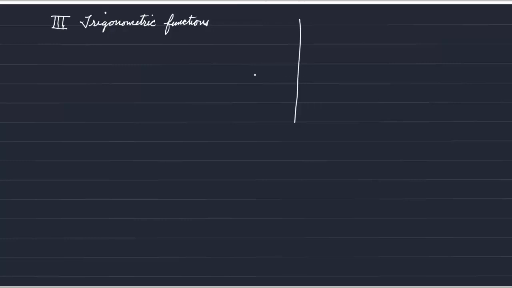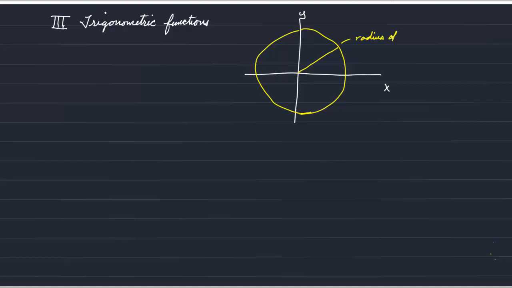This is a review of basic trigonometry, but we can draw a set of axes on our Cartesian plane and draw a unit circle centered on 0, 0, right? So this has a radius of 1, our unit circle radius.